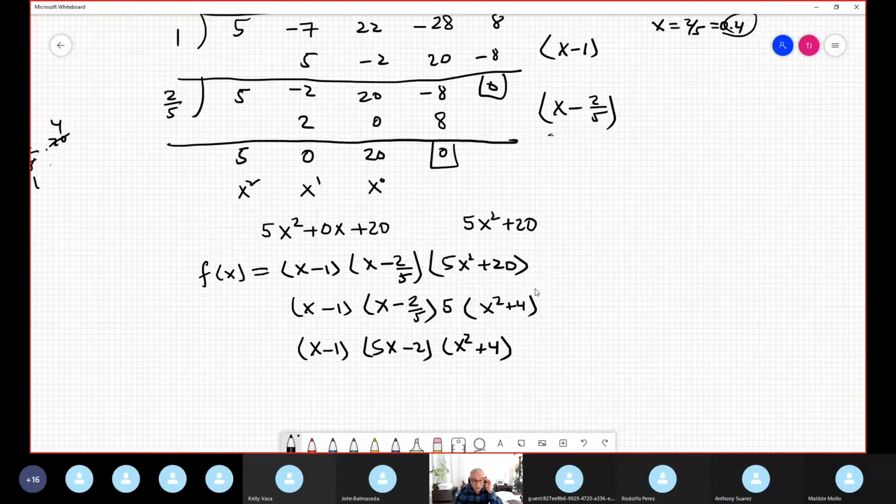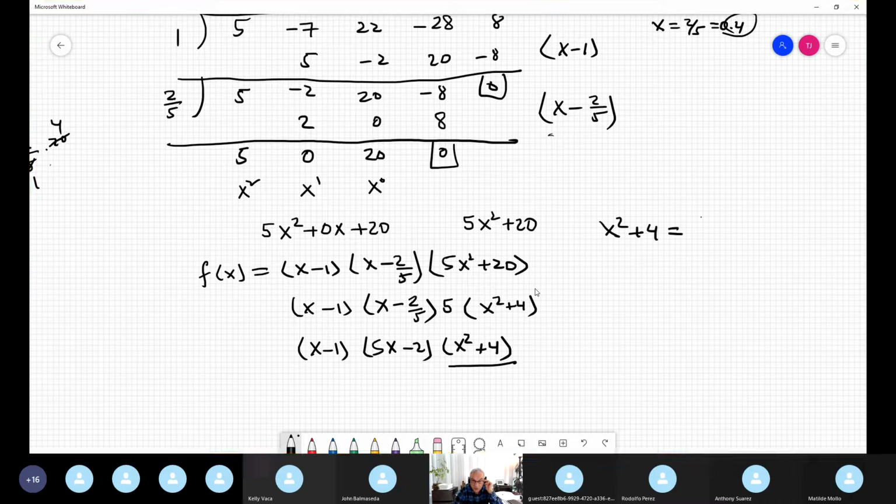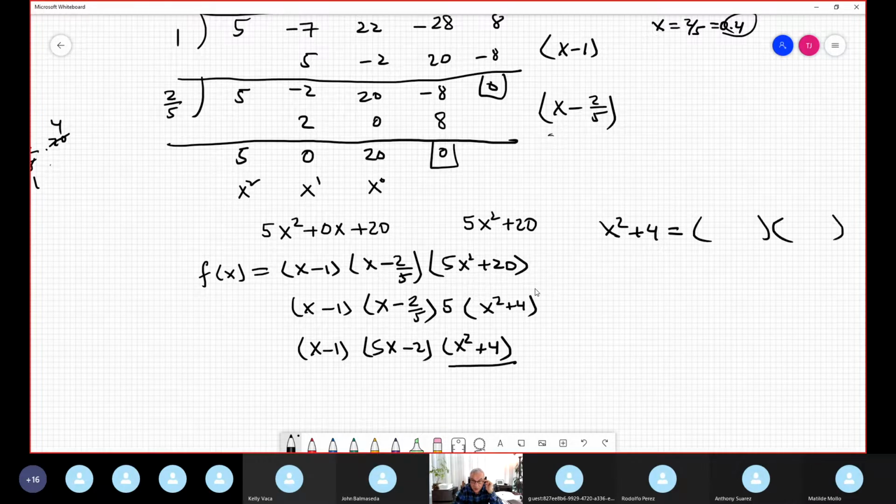Entonces this is the answer, but this factor is an irreducible quadratic because the factorization in the real field is impossible. In the complex field, yes, but in the real field, no. So x squared plus 4 in the complex, you factor like that, look. x plus or minus 2i.